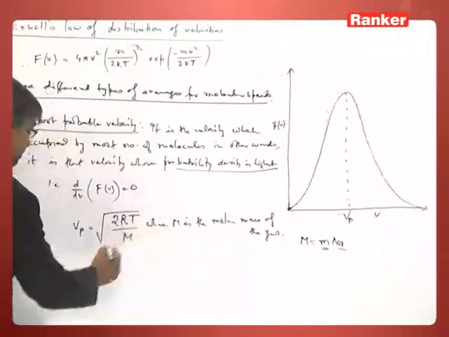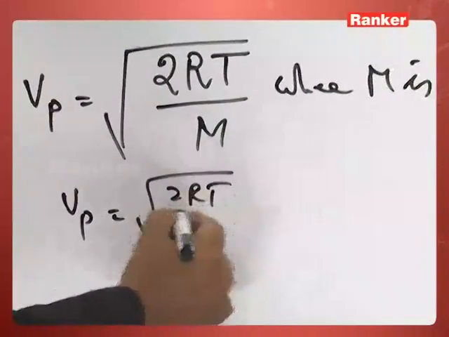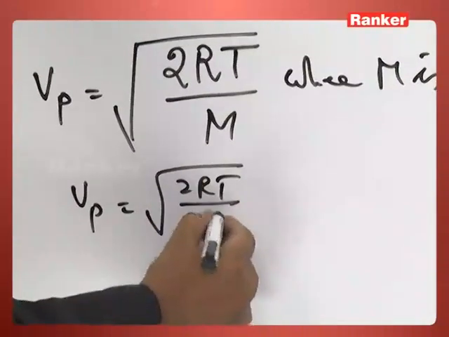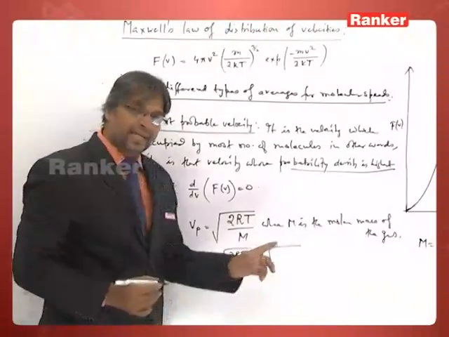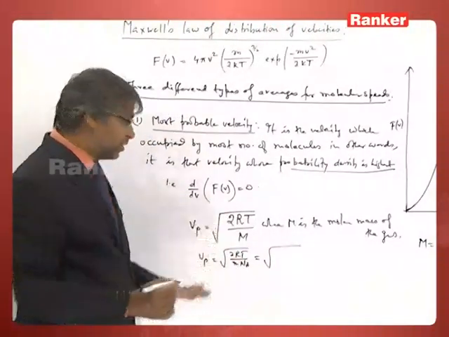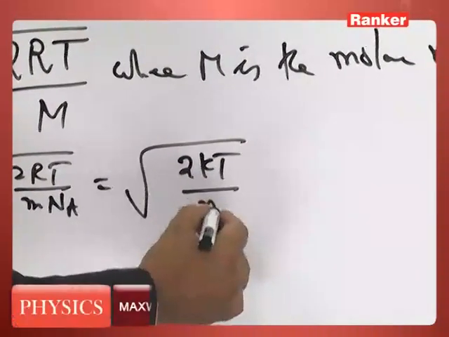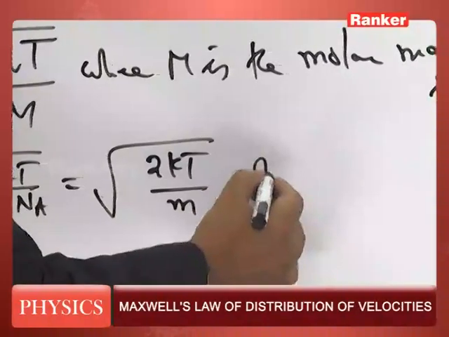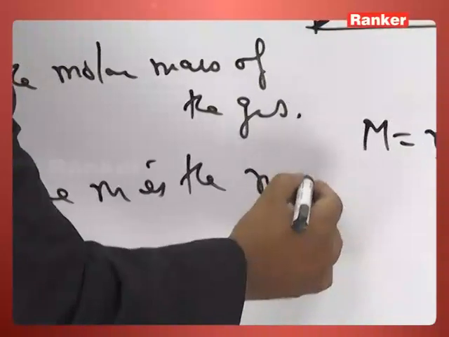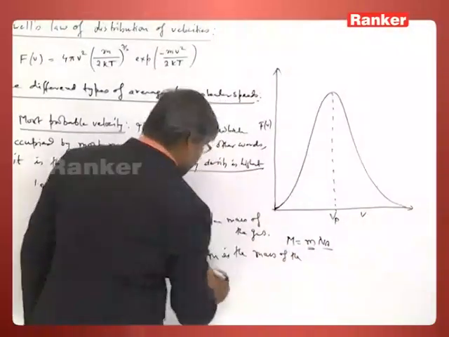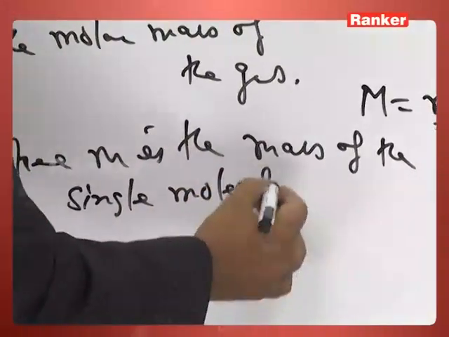So this V_p becomes root over 2RT by (m into N_A). Now R by N_A is the Boltzmann's constant, so 2kT by m, where m is the mass of a single molecule.